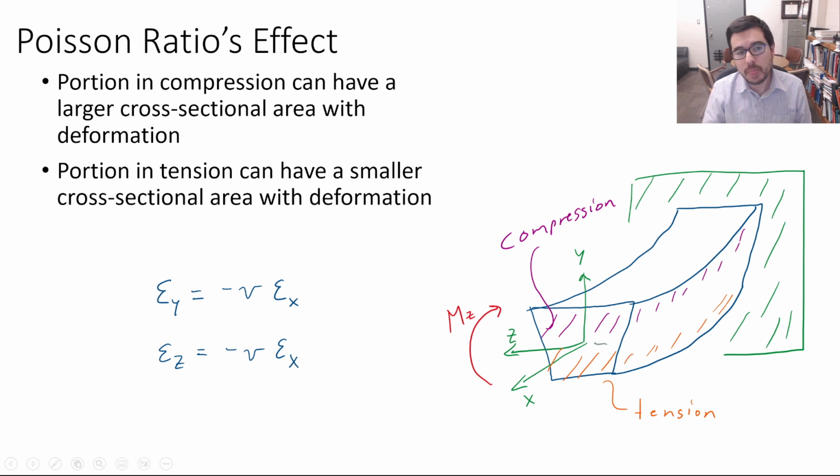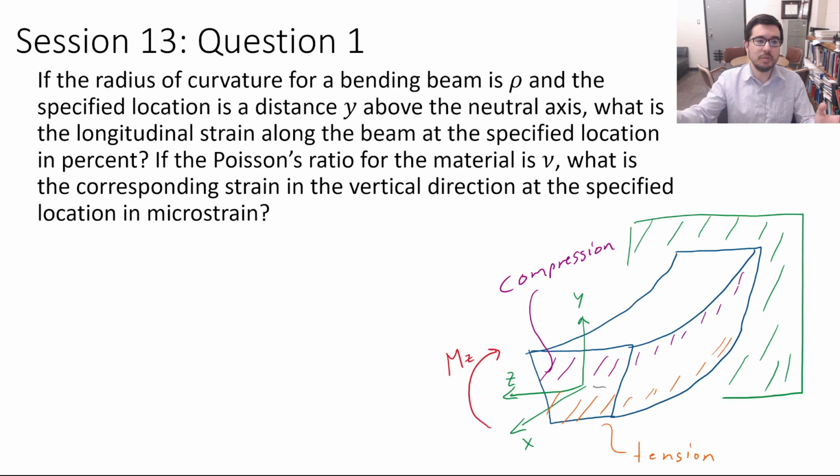Well, this brings us to the question that we can ask. If we have the radius of curvature for a bending beam being rho, and the specified location is a distance y above the neutral axis, what is the longitudinal strain along the beam at the specified location? If we were doing it in terms of numbers, we might specify that in percent.